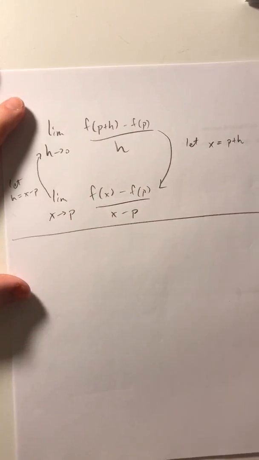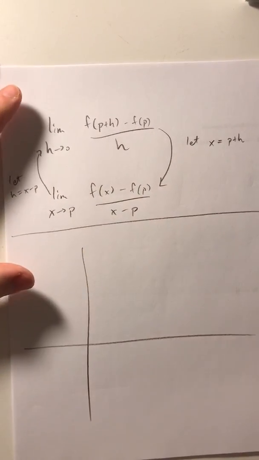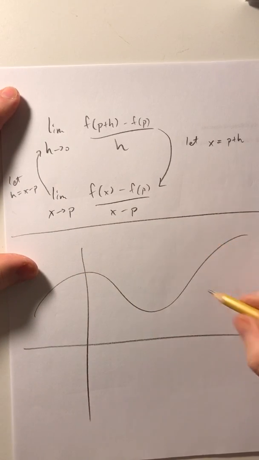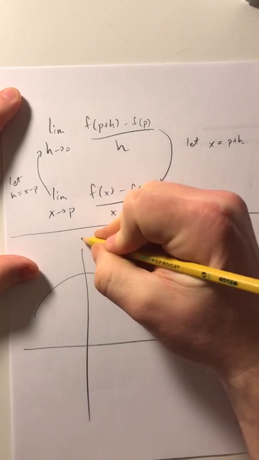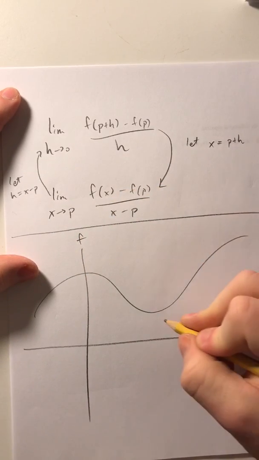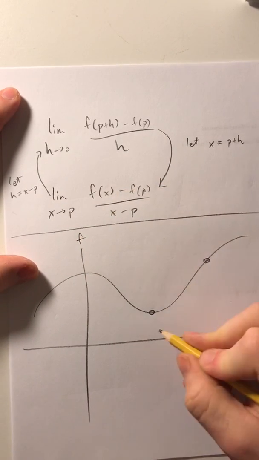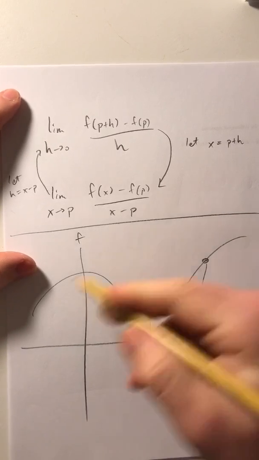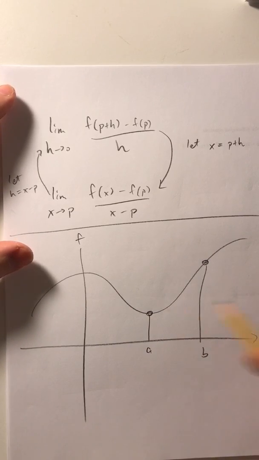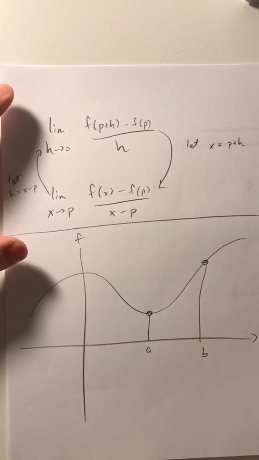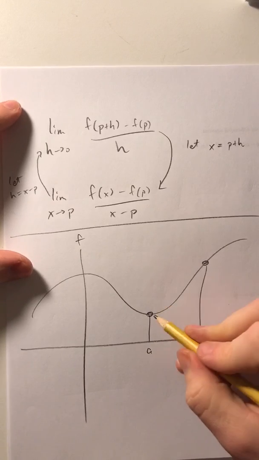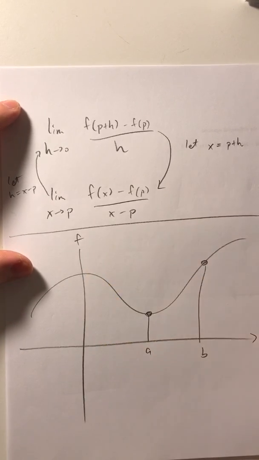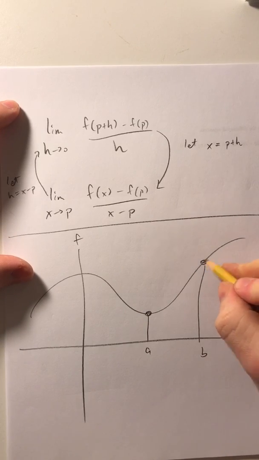Let's try to understand what this is. Okay, so derivatives are rates of change. So I have a function, and I have some input variable x, and I have an output. Right, so I can look here and here, A and B, and say, okay, so this doesn't look like a profit function because profit functions are usually monotone, but let's say that this is a profit function, and I say, if I increase the price from A to B, what effect does that have on the profit?